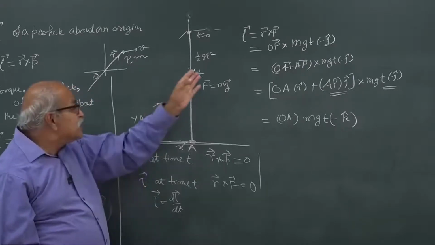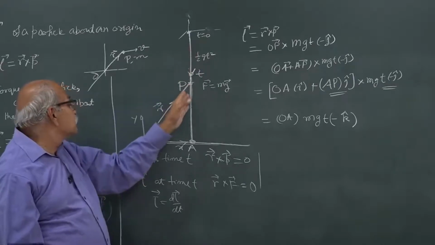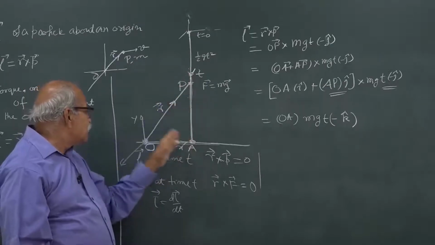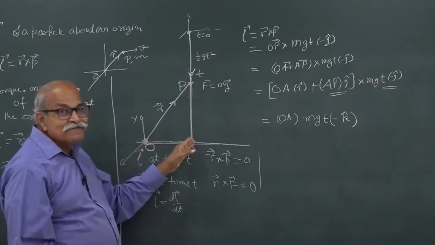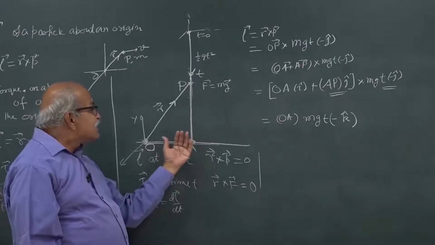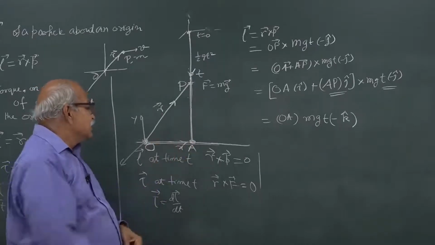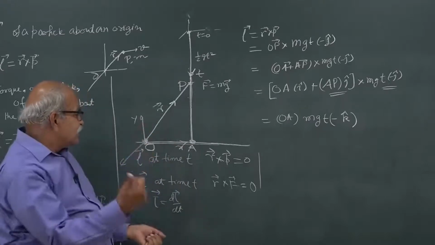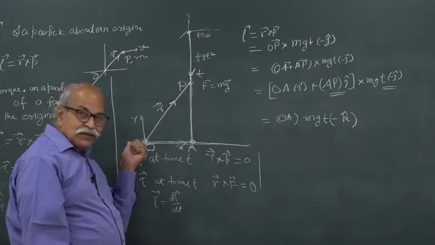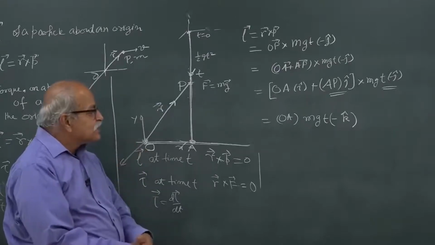So, the particle is falling parallel to this y axis, but its angular momentum is in negative z direction. If this is x, this is y, z is coming towards us, and minus k cap means it is going into the board. So, that is L.